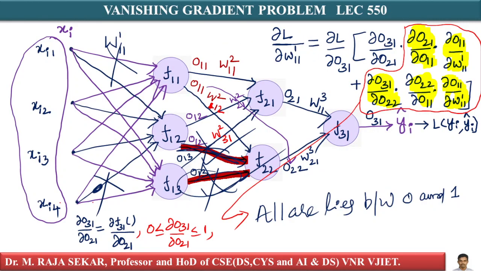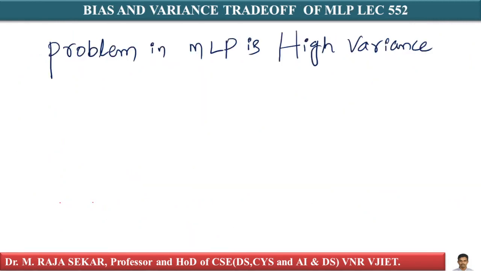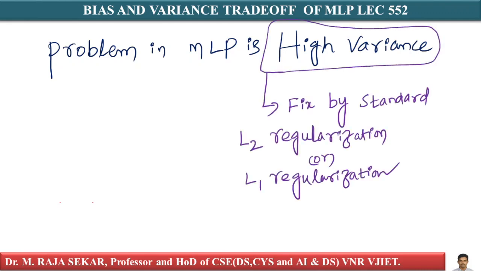The multi-layer perceptron becomes sparse. So the often seen problem in multi-layer perceptron is high variance, and it is fixed by standard L2 or L1 regularization and fits perfectly into the optimization framework, isn't it? Because remember, what is a multi-layer perceptron?